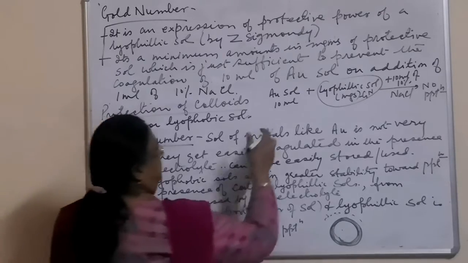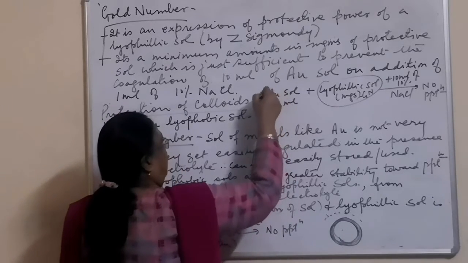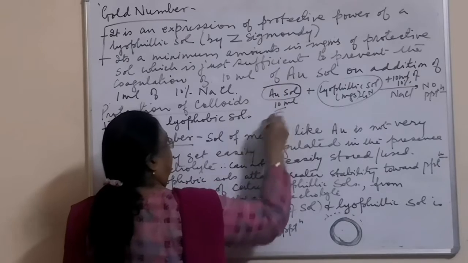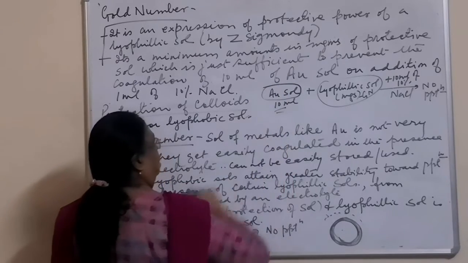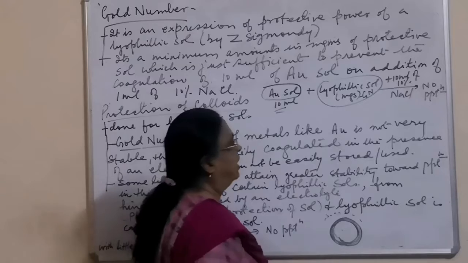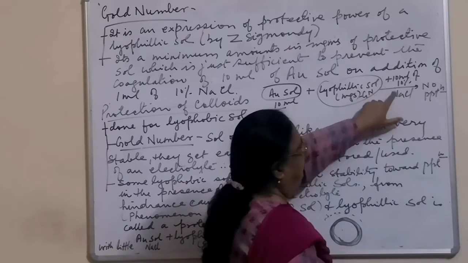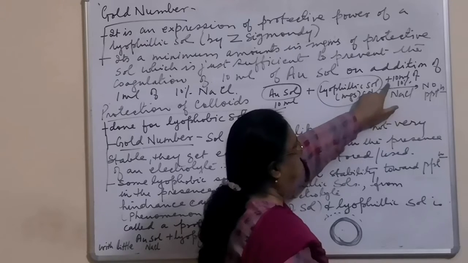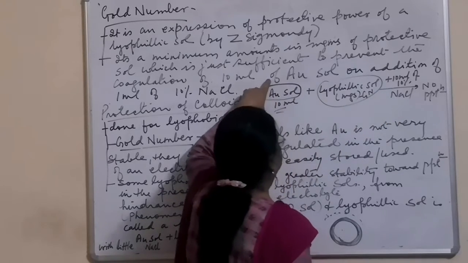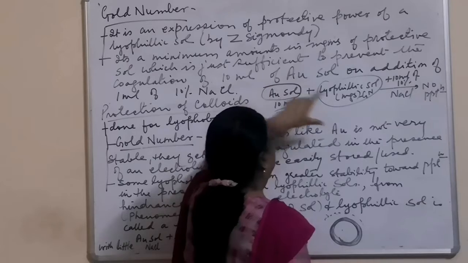If you take 10 ml of gold sol which has impurities of sodium chloride, you add 10% NaCl to it.